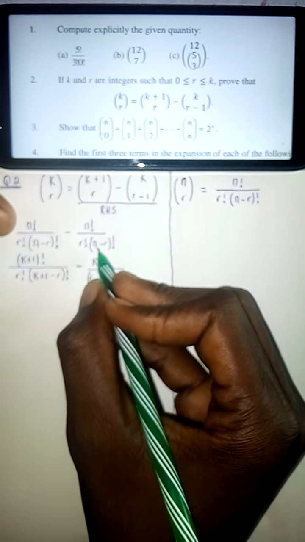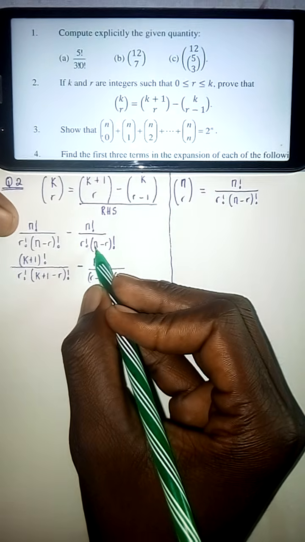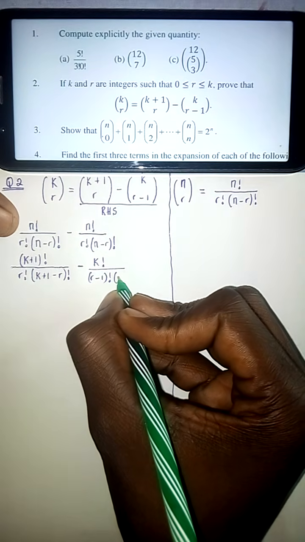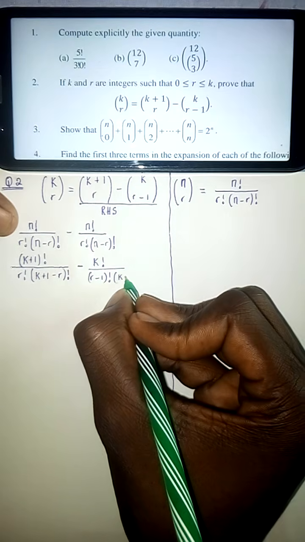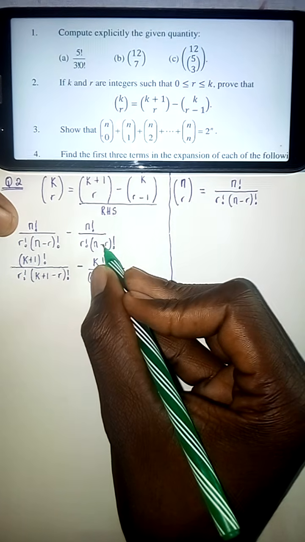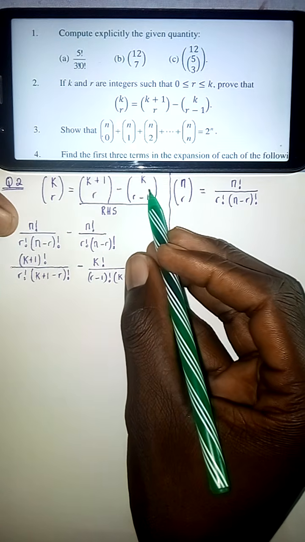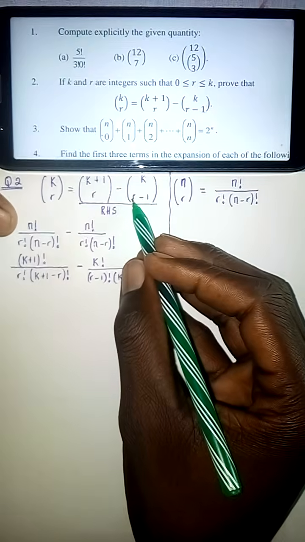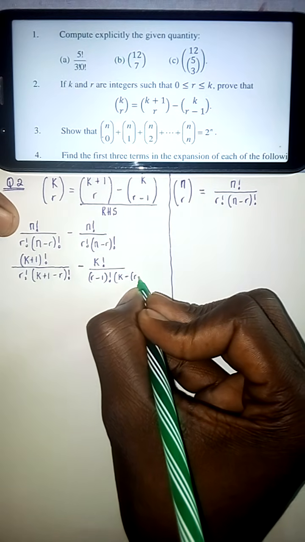Yes, then we still have this part, right? What is our n for this part? Our n for this part is simply k. k minus what? Minus r. What is our r? Our r for this part is r minus 1. So minus r minus 1.